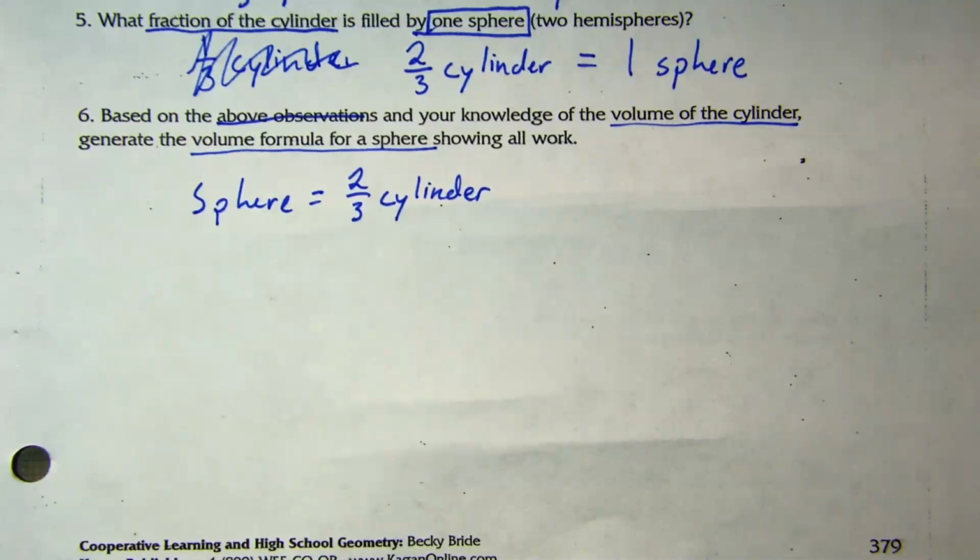We had one formula that was base area times height, but we could be more specific with that. What was that more specific formula we've been using for cylinders? Yeah, very nice.